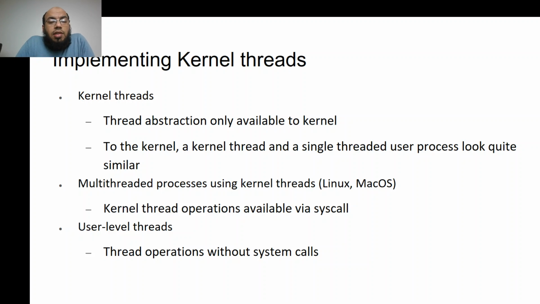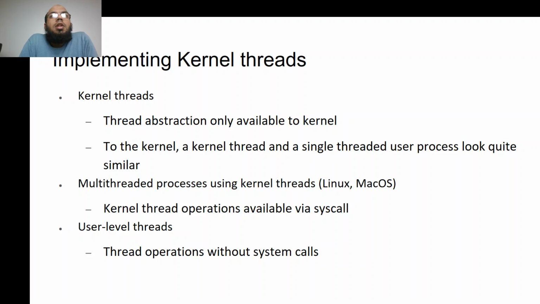Now, as I said, there are many kernel threads, and kernel threads are basically a thread abstraction only available to the kernel. Again, very operating system specific, and this is exactly tied to the threading models that we were talking about. To the kernel, a kernel thread and a single-threaded user process look quite similar.